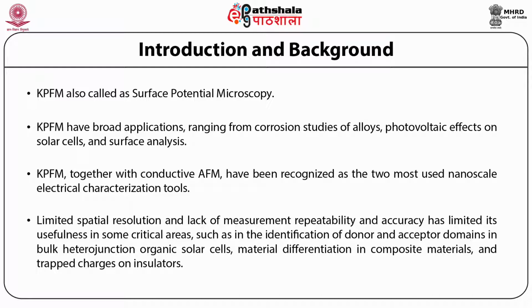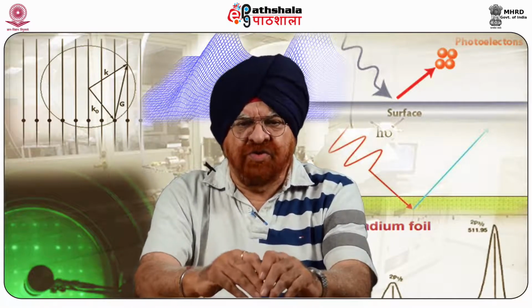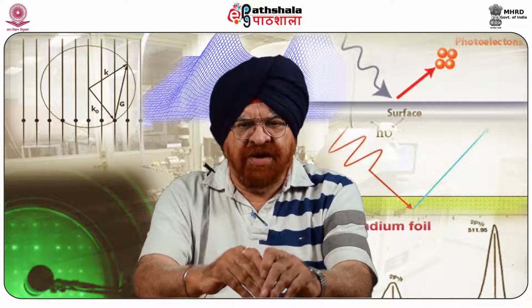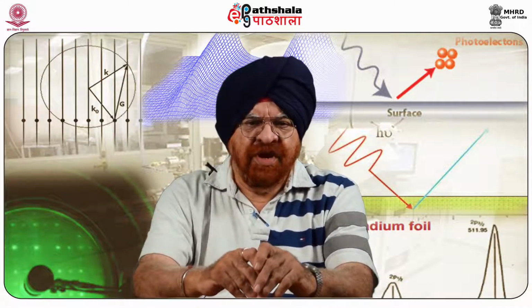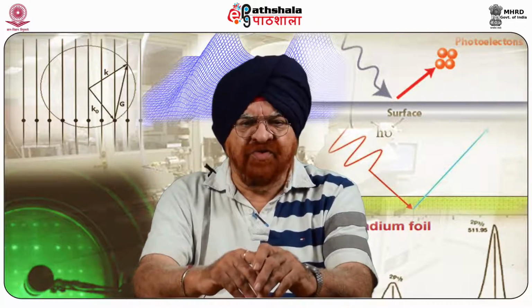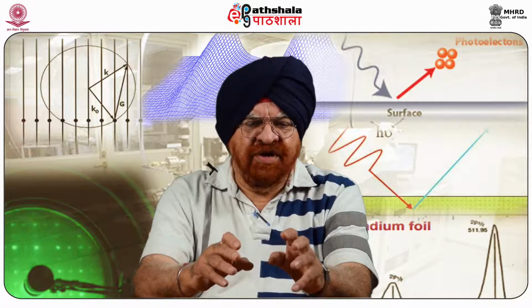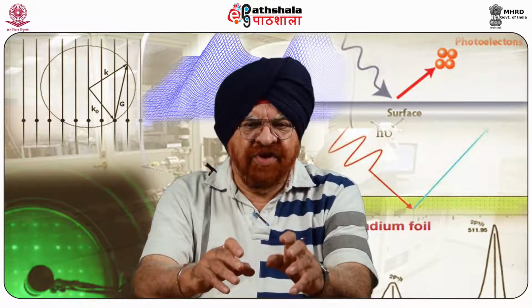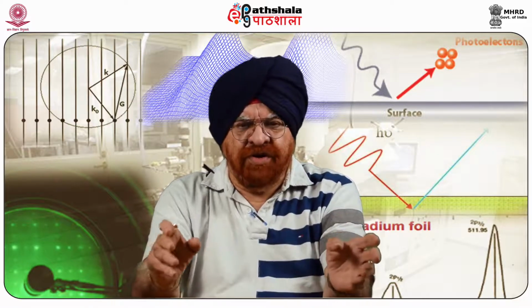trapped charges on insulators. Continuing further, using a gold leaf electroscope way back in 1898, Sir William Thomson, later known as Lord Kelvin, observed that plates of copper and zinc mounted on insulating shafts created charge when they were brought into electrical contact and then moved apart.